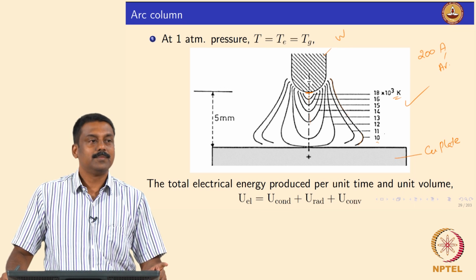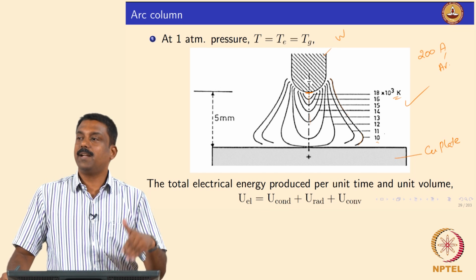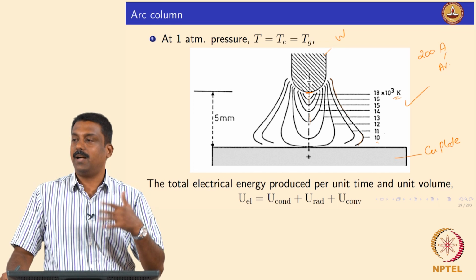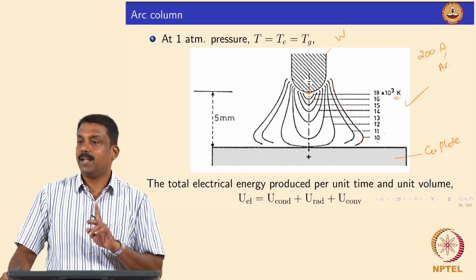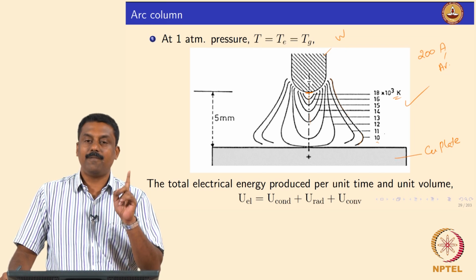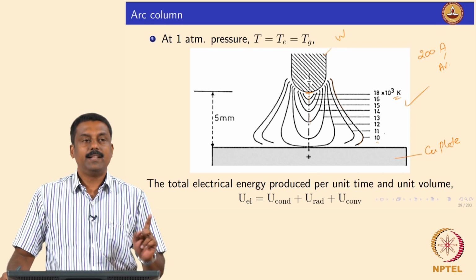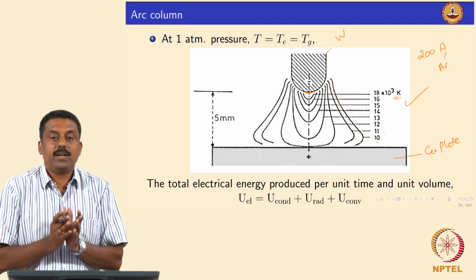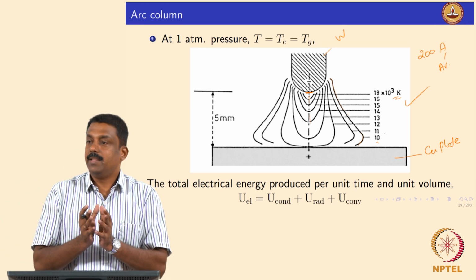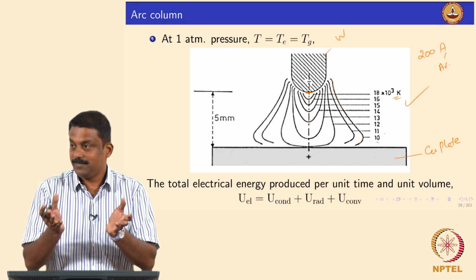Okay. So if you want to understand what is happening inside the arc and how we generate these temperatures, then we need to understand the first basic principle, the generation of the charge carriers. Of course, thermionic emission and field emission just ignite the arc.